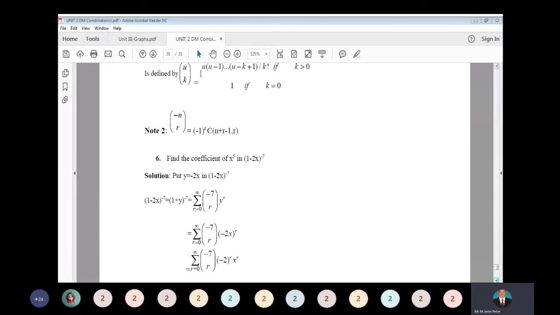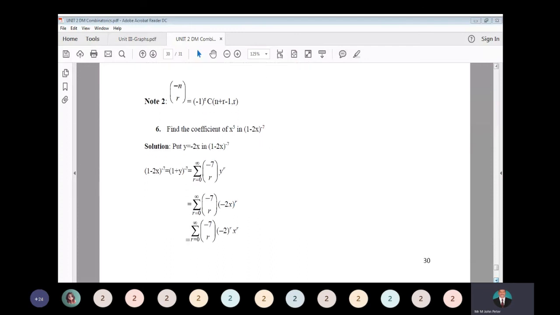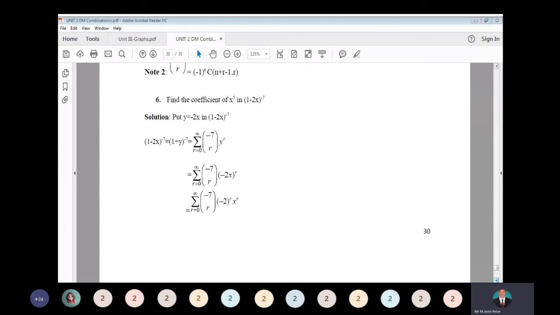Then y replaced by minus 2x, you get the summation of (minus 7 choose r)(minus 2)^r x^r. Because of the negative value, you have to use the minus nCr concept: (minus 1)^r C(n plus r minus 1, r).